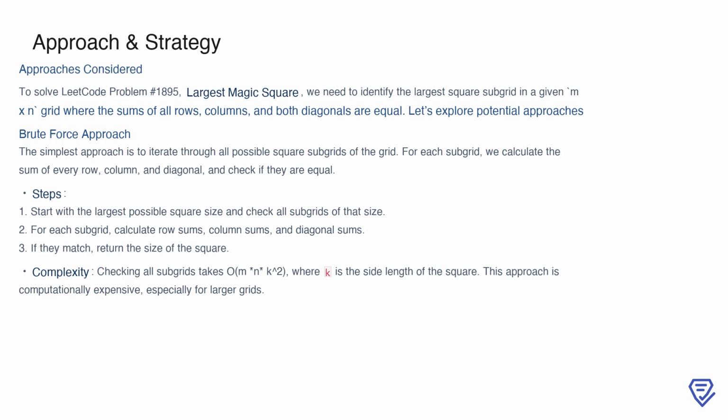Starting with the largest possible square size and working downward, we aim to find the largest square that satisfies these conditions. However, this approach has a significant drawback: its computational cost. Checking all subgrids for larger grids quickly becomes inefficient, with a time complexity of O(M times N times K squared), where K represents the side length of the square being tested. This makes the brute force method impractical for grids with large dimensions, leading us to explore more efficient strategies.